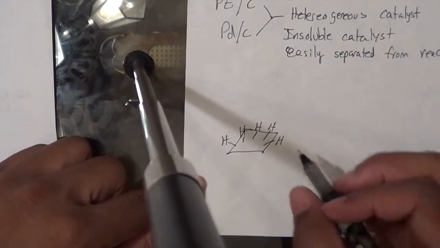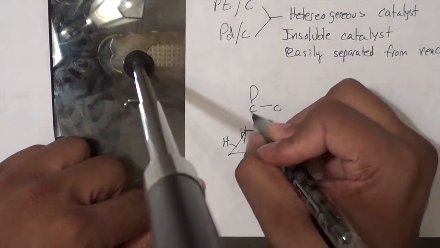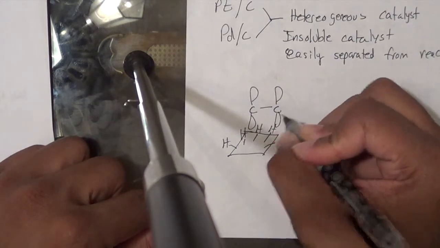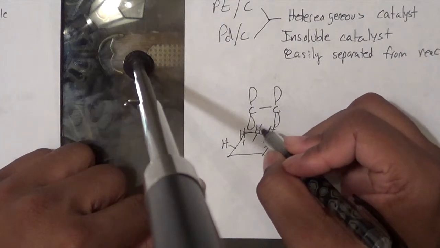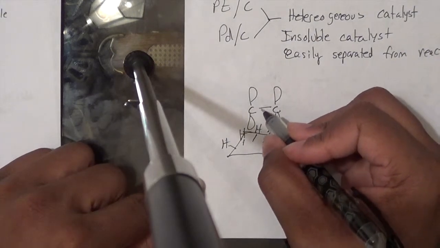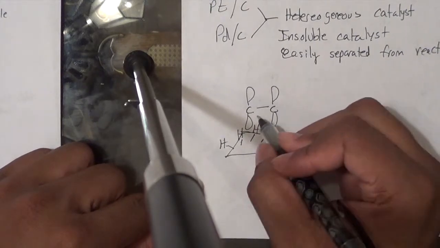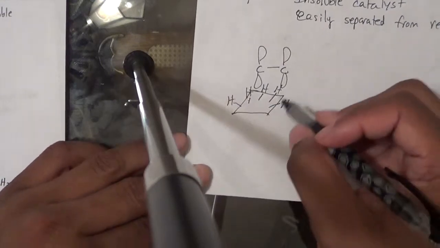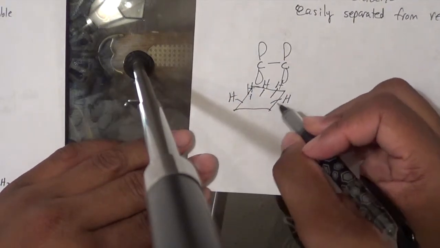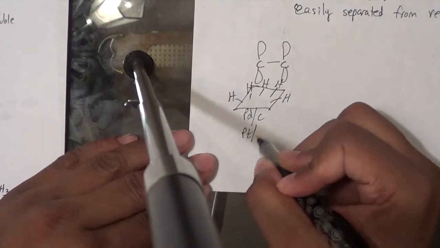What happens is that the alkene will align itself on top of this catalytic surface, and the hydrogens will begin to attack. The hydrogens will begin to add to the double bond to give you your product. Now that's an illustration of the catalyst, whether this is palladium carbon or platinum carbon.